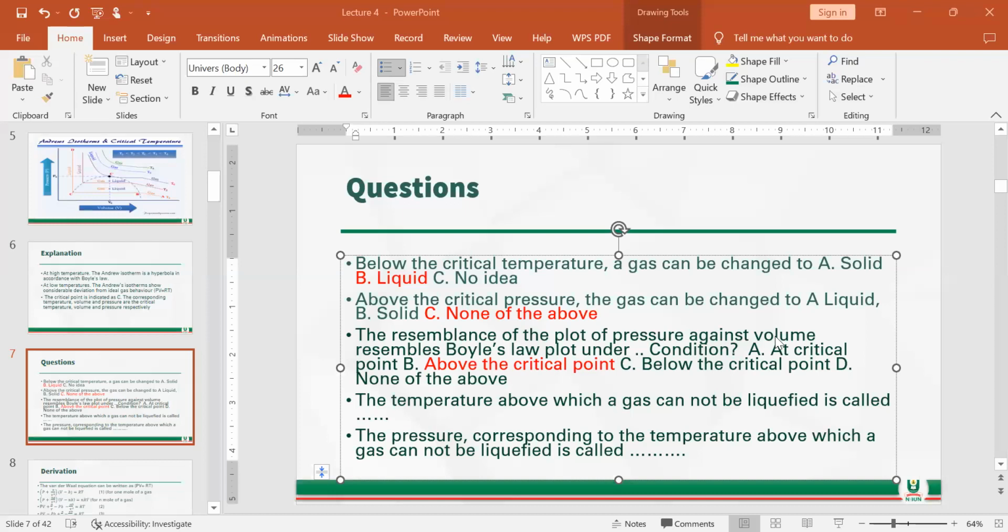Plot of pressure against volume resembles, that is why we have Boyle's law. So that's why we have Boyle's law.